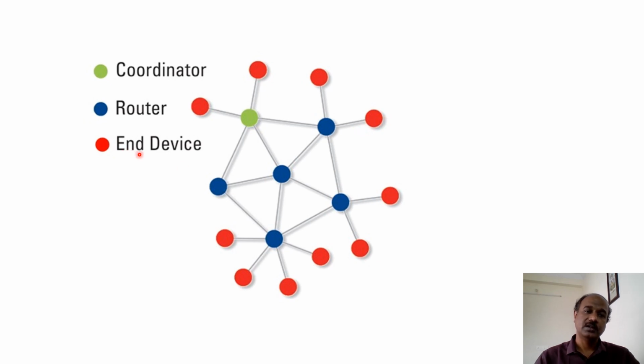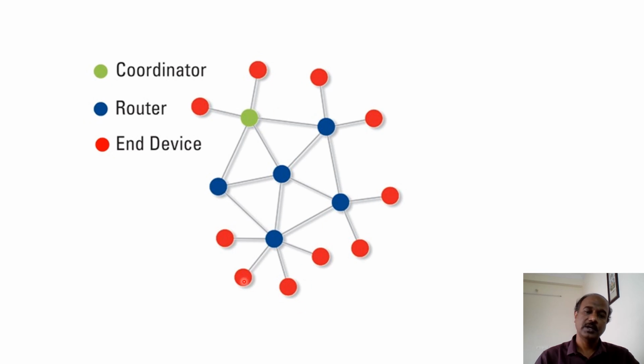The third type of device present in a ZigBee network is the end device. These red colored devices are called end devices. They will get connected to a ZigBee router, or they will get connected to a ZigBee coordinator. Any two ZigBee end devices cannot communicate directly. They have to send their data either to the ZigBee router or through the ZigBee coordinator.